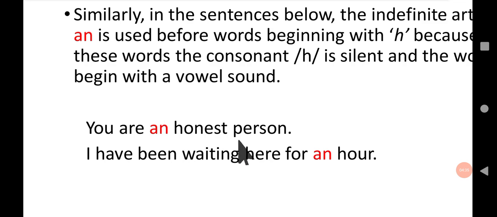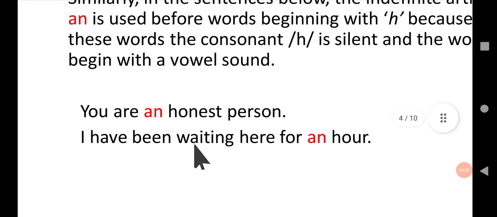In these words, honest and hour, h is silent, and the pronunciation actually starts from o, o-n-e-s-t, when you pronounce it. But when you write it, the spelling is h. Of course, that is there, but pronunciation starts from o. And when pronunciation starts from o, the sound is obviously a vowel sound. So with that you have to go with the article an.